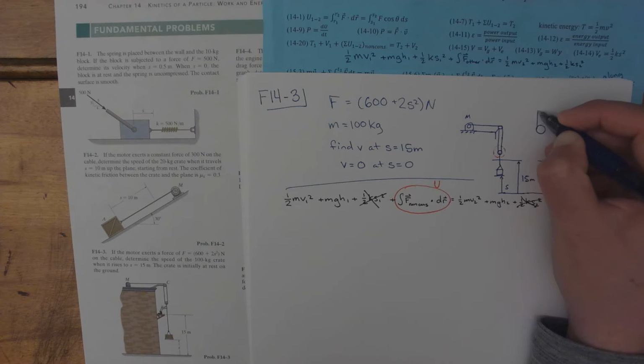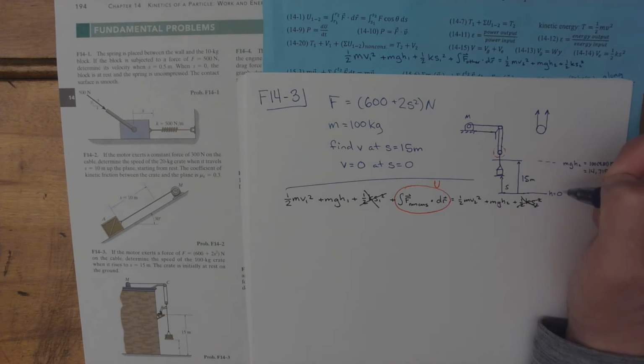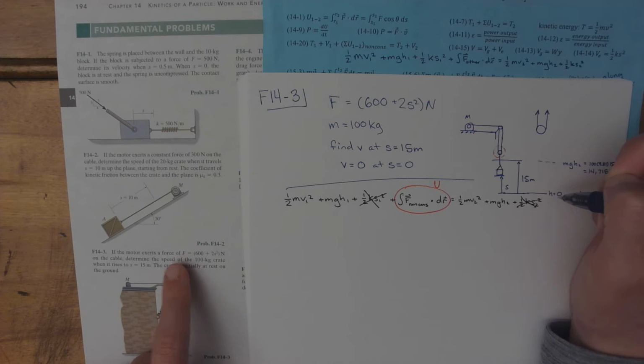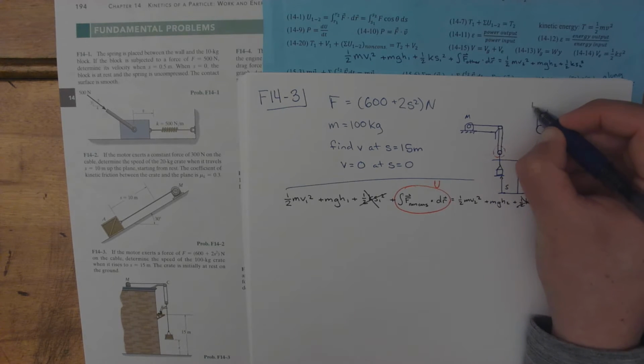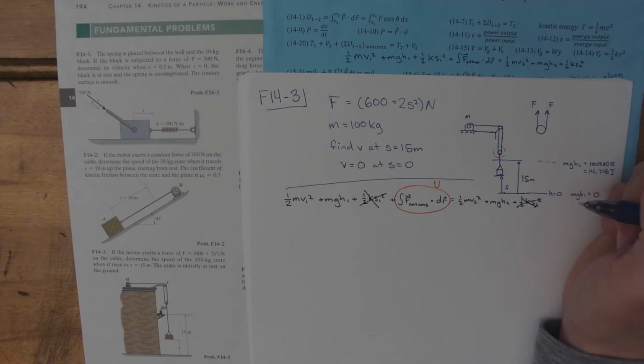So I have a force acting upward on this side of the pulley and on this side of the pulley, and those two forces are both equal to the tension in the cable, which they say the motor exerts a force of 600 plus 2s squared newtons on the cable, so that would be that force. So I'm going to call it F because it's called F in the problem.